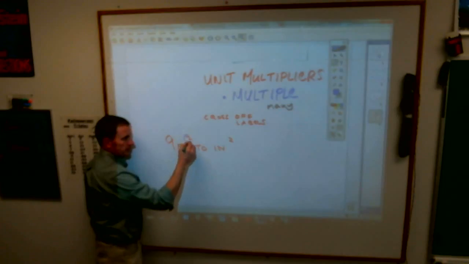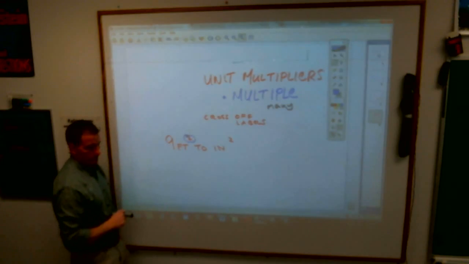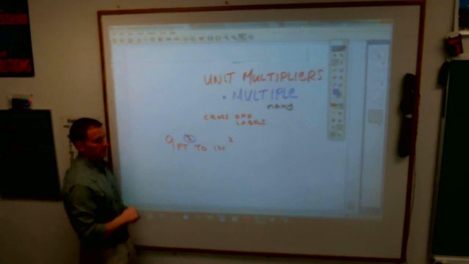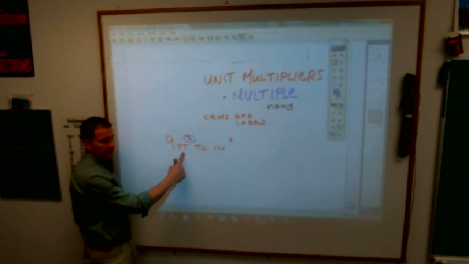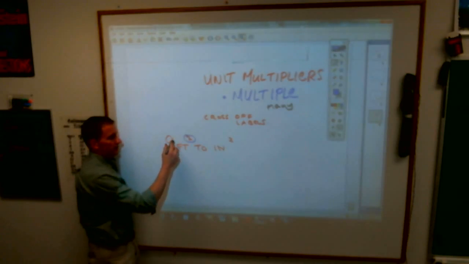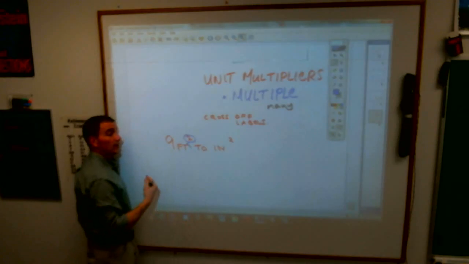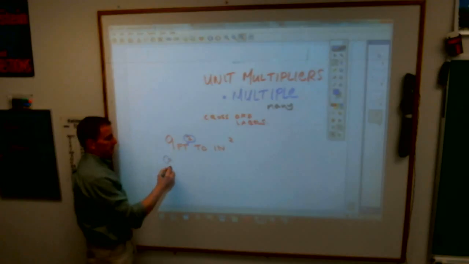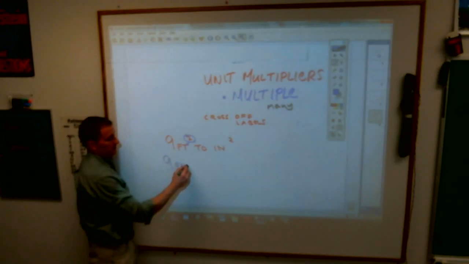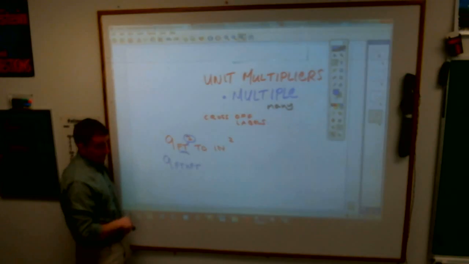See this exponent of 2? What does it go for? Am I squaring the 9 or am I squaring the feet? Does 9 square feet really mean I have 81 square feet? No. This square just goes with the label. In reality, if we weren't using an exponent, we should write it like this: 9 feet times feet, because it's the label that's getting squared.